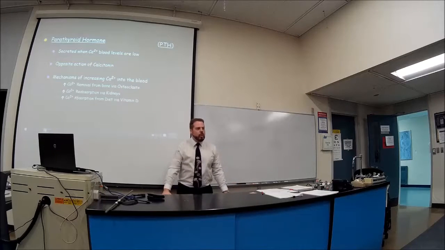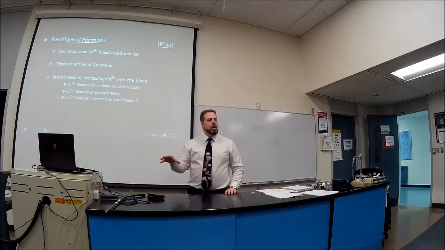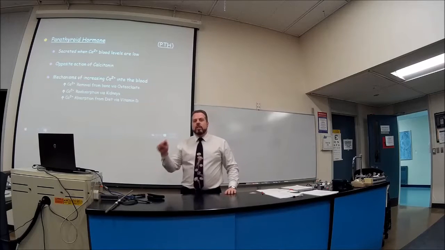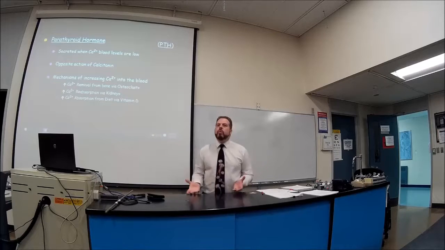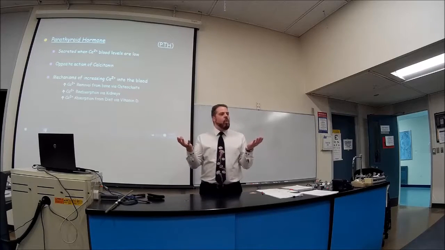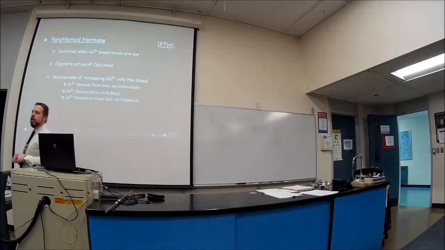Now it goes down really low, so your calcium level in your bloodstream is very low. That's going to send a message to the parathyroid glands to spit out parathyroid hormone to raise the level of calcium in the bloodstream. So it does the opposite effect.